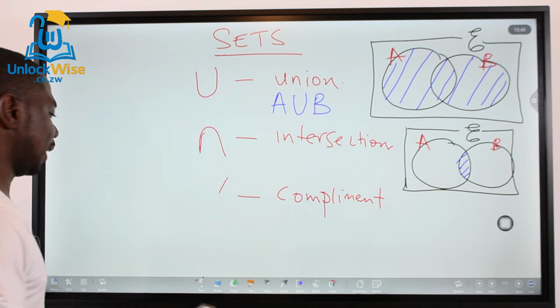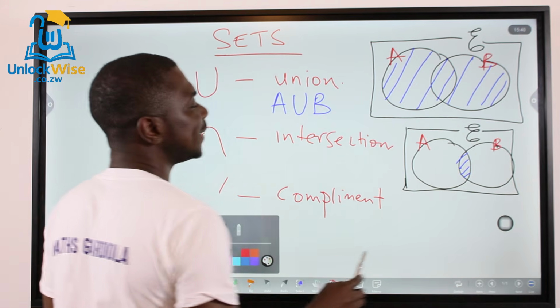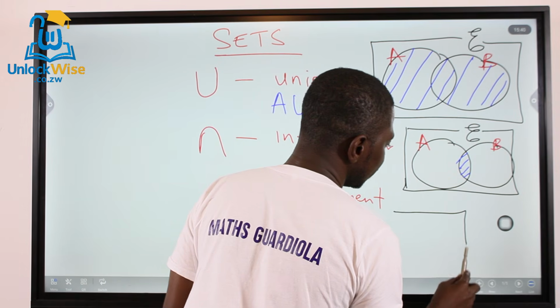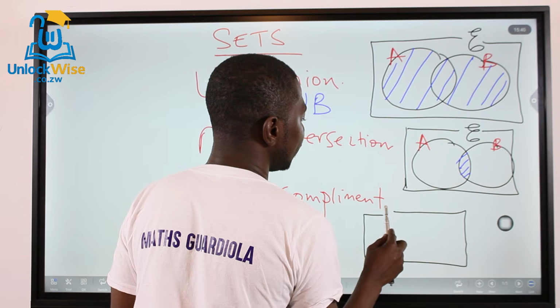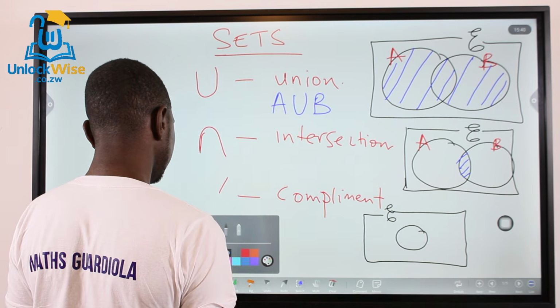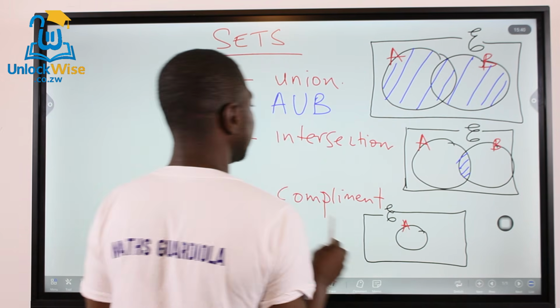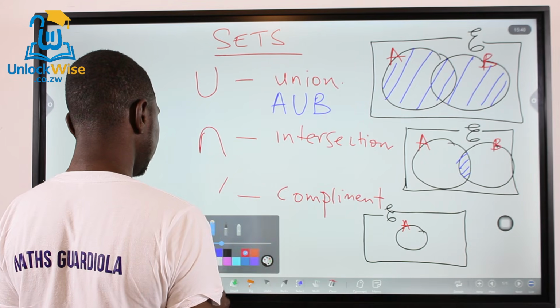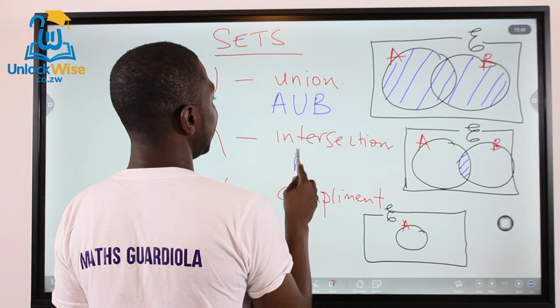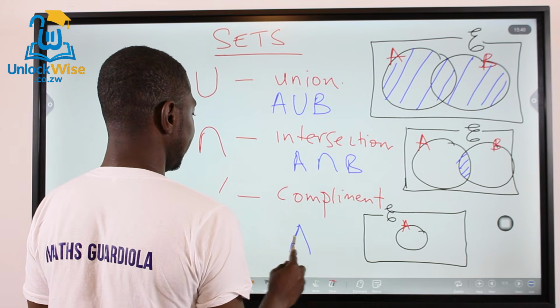All right. Then for the complement part, we want what is not in the specified region, right? Let's say we have this as our set A. Okay, maybe let me write this as A intersect B. Then we want A complement.